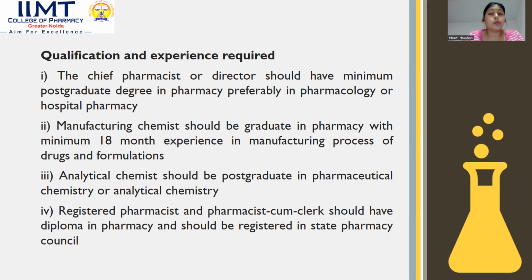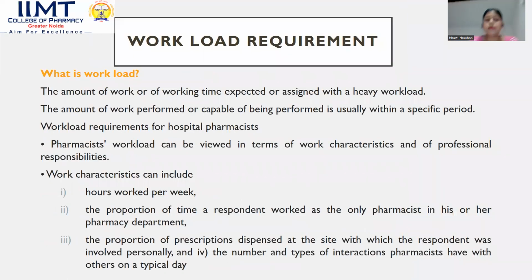Analytical chemist should be postgraduate in pharmaceutical chemistry or analytical chemistry. Fourth is registered pharmacist and pharmacist cum clerk, who should have a diploma in pharmacy and should be registered in the state pharmacy council.